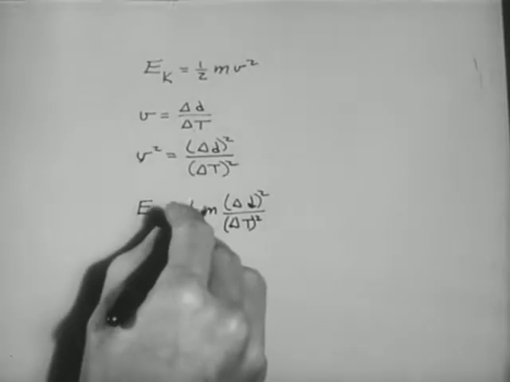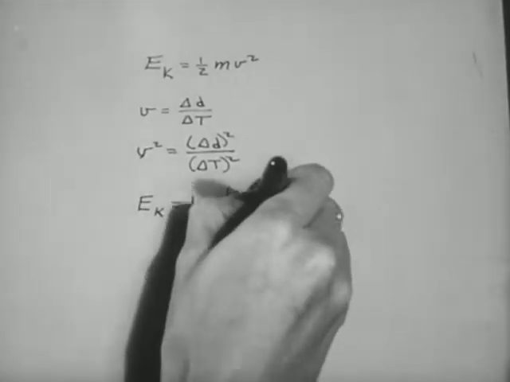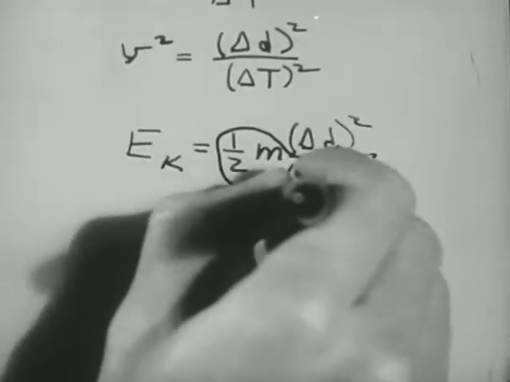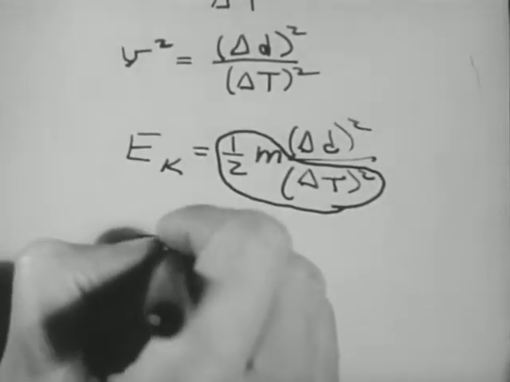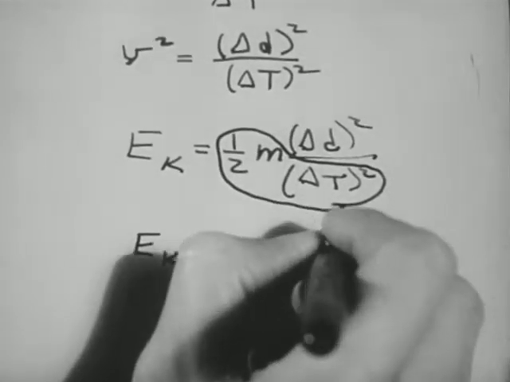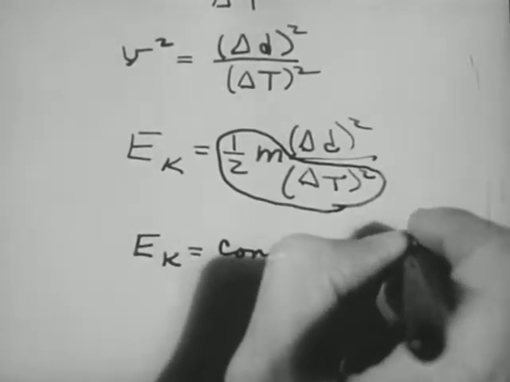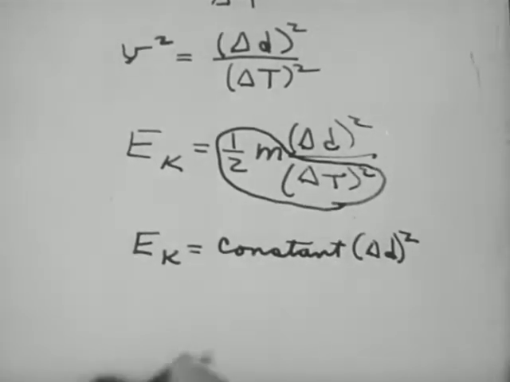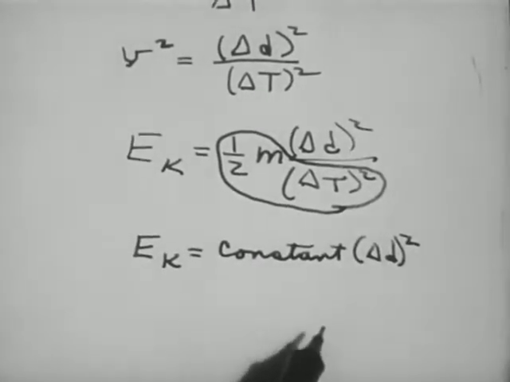The mass and the time interval are constant throughout the collision. So all of this is a constant. And we can write the kinetic energy, EK, is equal to a constant times delta D squared. Delta D is just what we have obtained from the photograph.